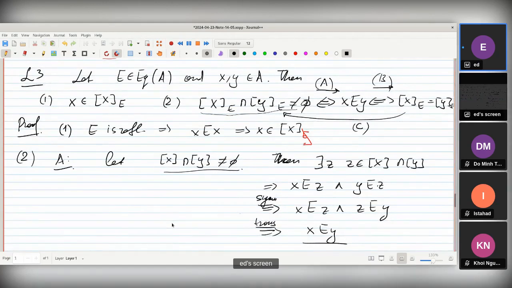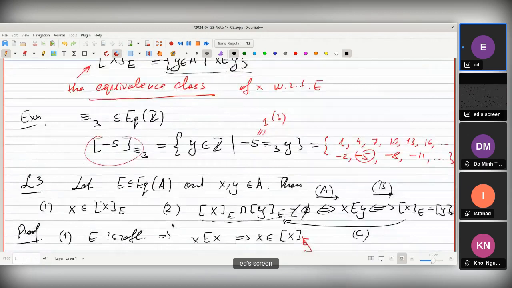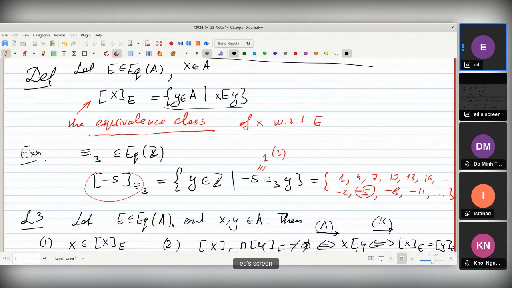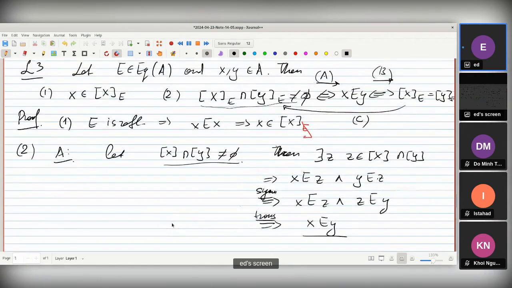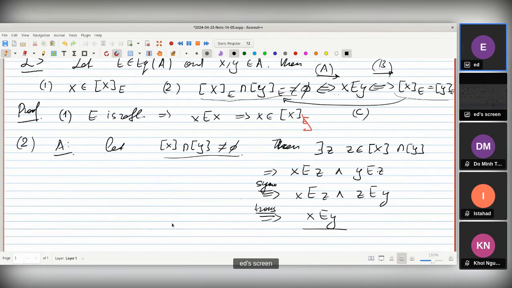We have proved that if two equivalence classes are not disjoint, then these elements, by the way, are known as a class representative, a representative of this class of X. In fact, you can take any element of this class as its representative. This theorem says exactly that. Two classes are equal if and only if their representatives are equivalent.